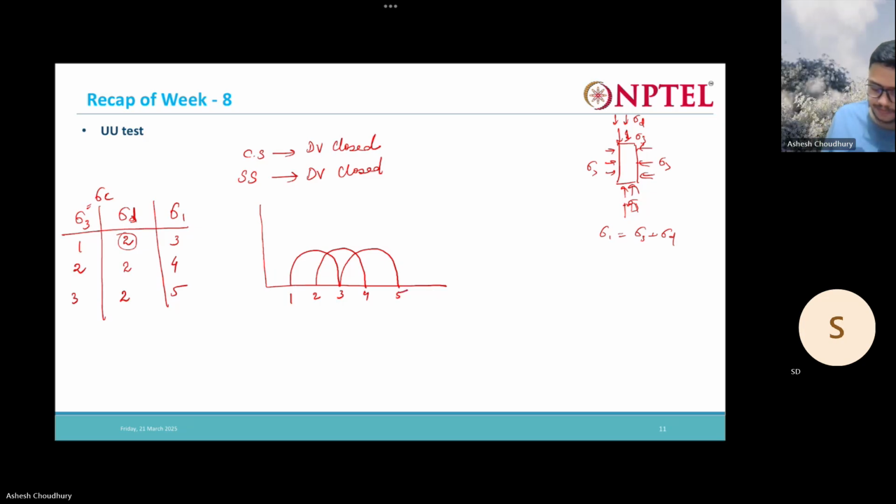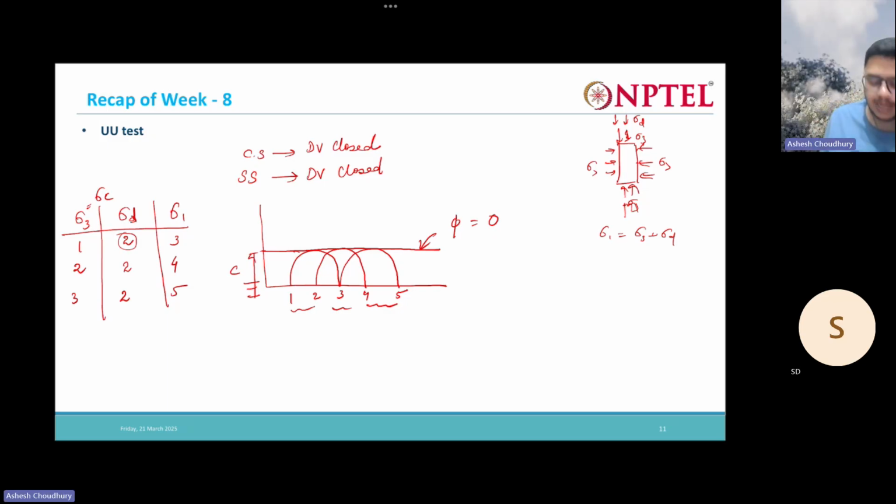If you plot a tangent to these circles, you will get a straight line like this. So from the UU test, you will get phi equal to 0, because for all the Mohr circles you get the same diameter. Phi is 0 and you will get some value of c from here. This is the UU test.